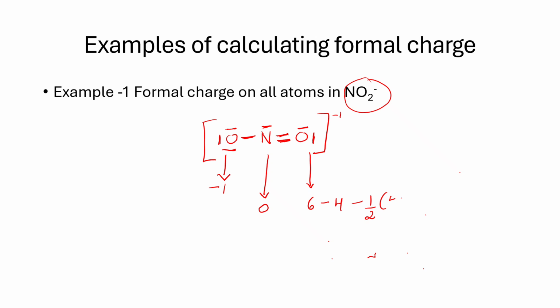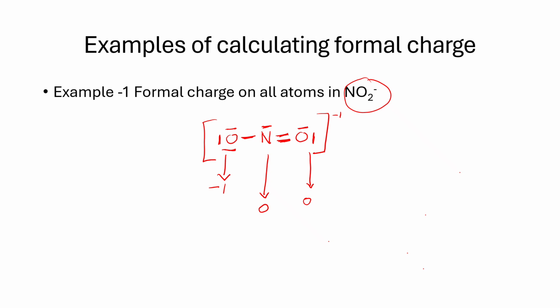So minus half times 4, and this also comes out to be 0. All right. So the overall formal charge would be the sum of these formal charges, which is minus 1 plus 0, which is minus 1.